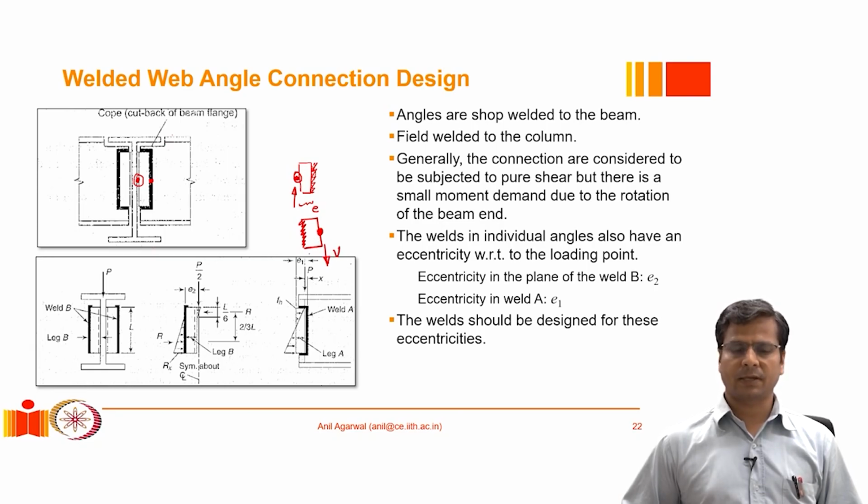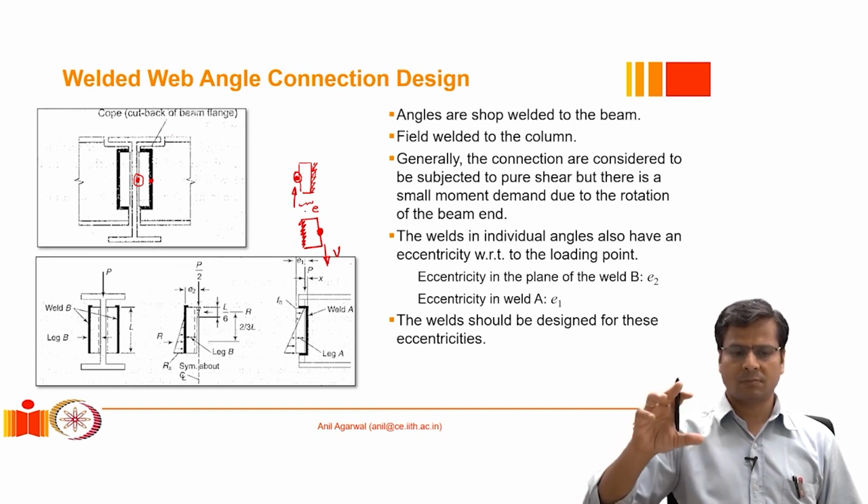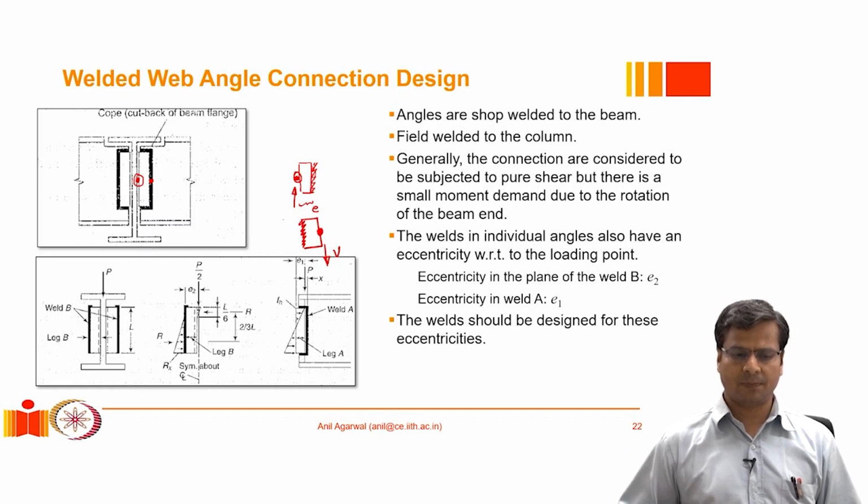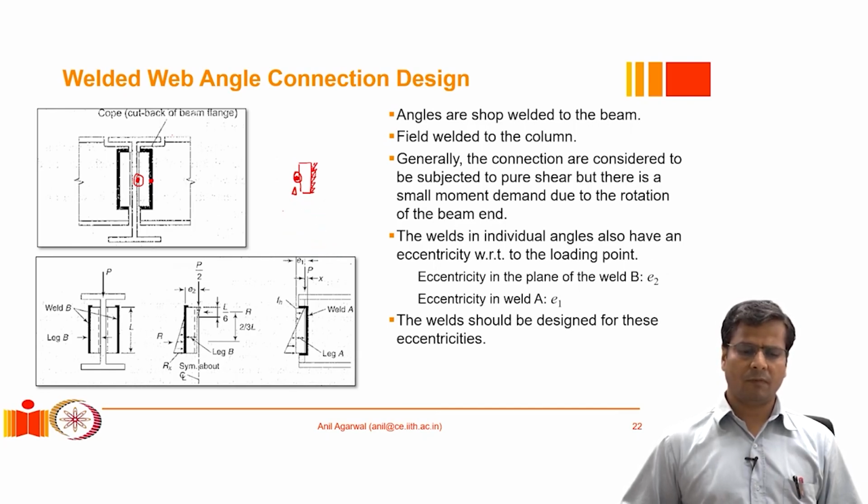That eccentricity is acting as a lever arm, which basically means that in order to resist this moment which is acting in the clockwise direction, this weld has to apply a force in this way to resist this moment which is appearing because of this eccentricity. So this gives rise to some level of moment demand in the weld of a simple connection also.